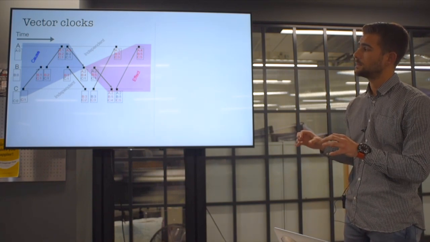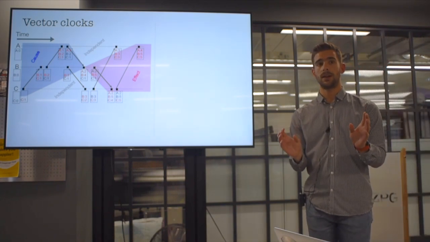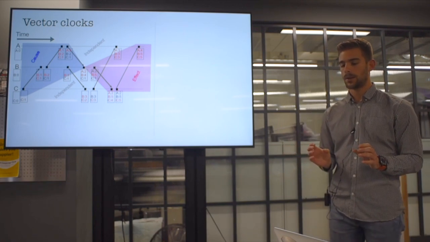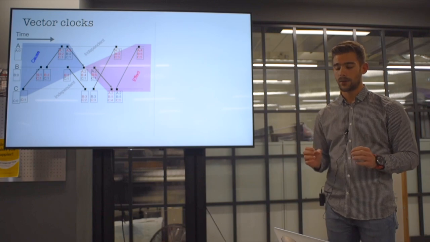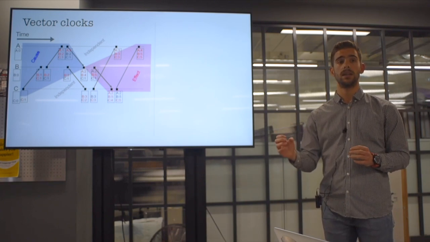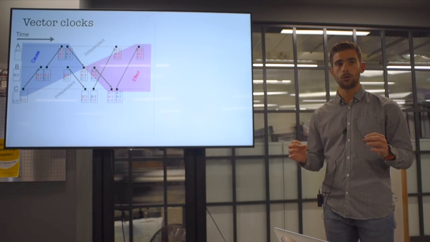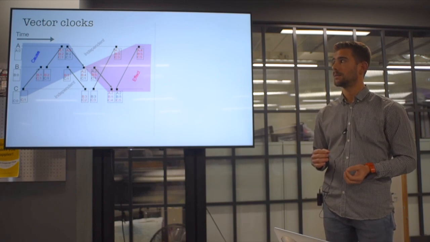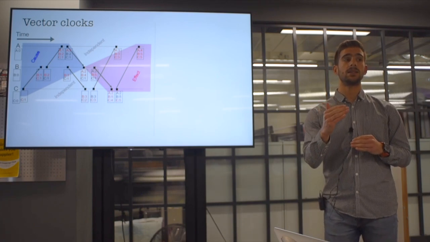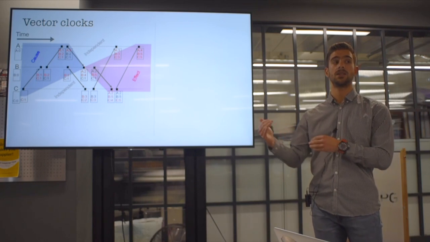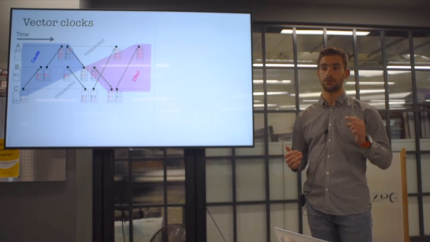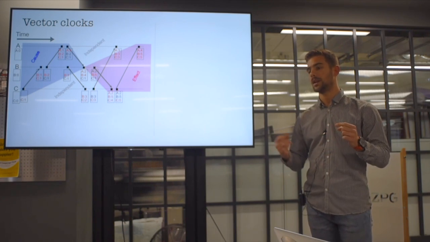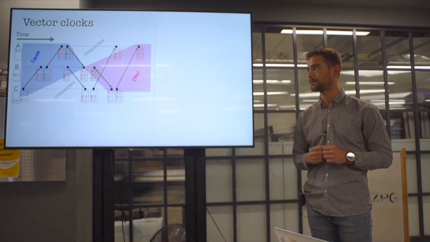So based on that, when you have two events, A and B, you can identify whether A is the cause of B. That holds true if and only if all the integers of A are less than or equal to the integers of B, and at least one of them is strictly less than the equivalent integer on the other one.